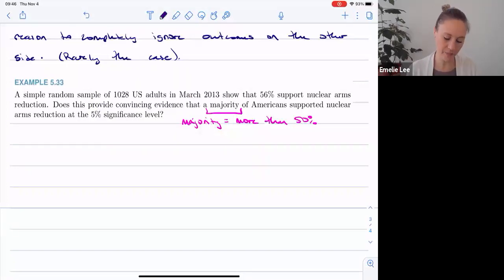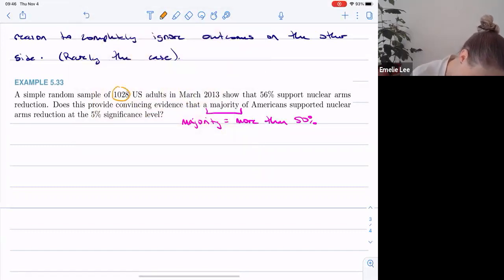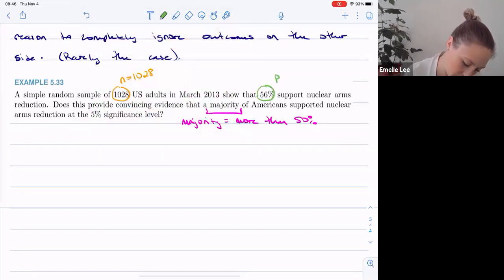So first thing we have to do is identify all the information that we have here. First things first, I have n is 1,028, right? That's my sample size. I have a sample proportion, so p hat is 0.56.